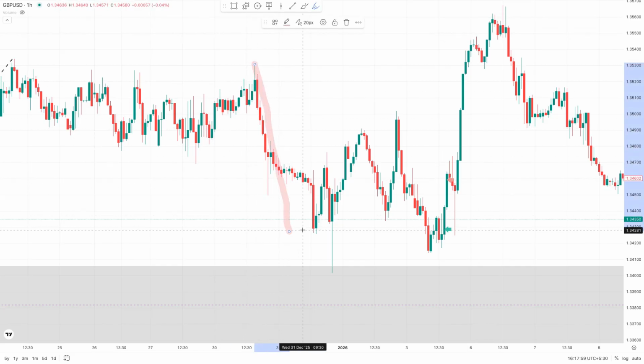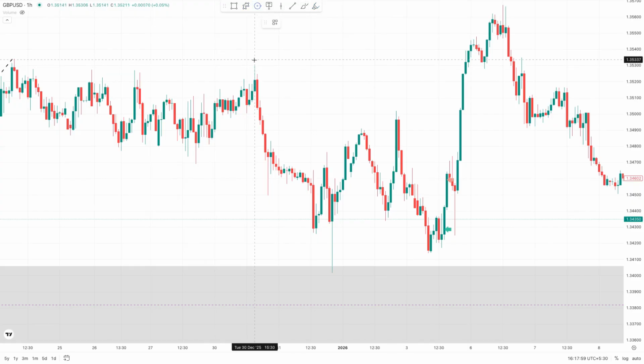So we're carefully looking at how this price reacts. Therefore, what we can do is simply understand how the flow is currently going on the 15 minute. About that.